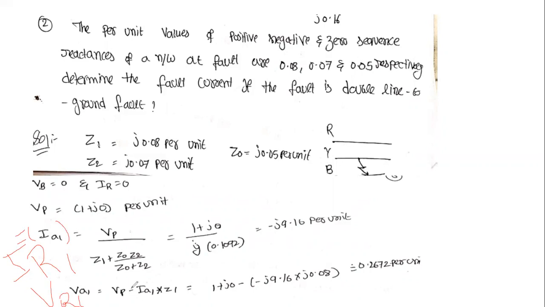Therefore VR1 is equal to VP, the V phase, minus IA1 into Z1, where Z1 is the positive sequence impedance. Remember those formulas related to IA1 and VA1. Understand?